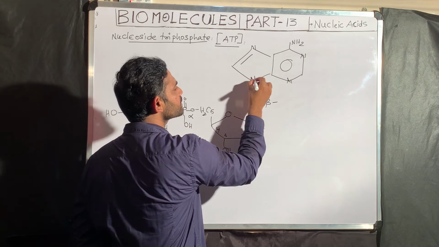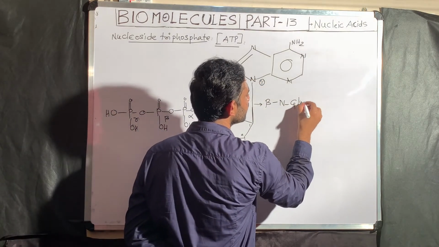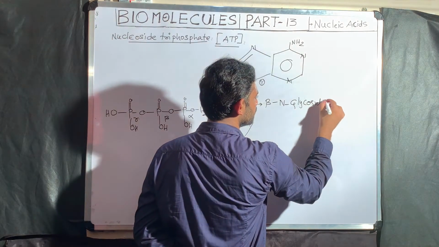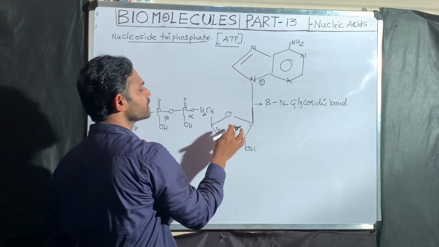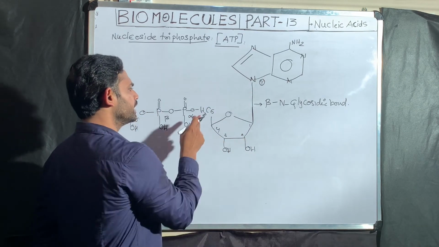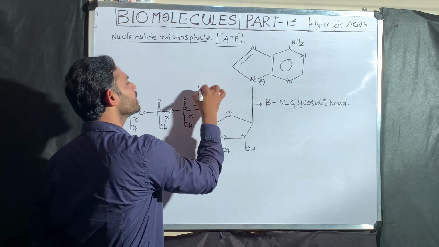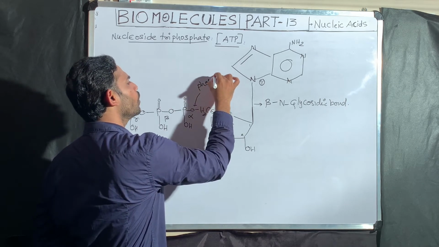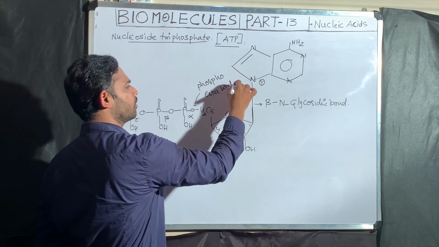Here the bond starts with N, that is an N-glycosidic bond. Beta N-glycosidic bond is a bond that connects a nitrogen base with a pentose sugar. Here the fifth carbon of the sugar links with the alpha phosphate. This bond is called a phosphoester bond. Two bonds you have got till now.